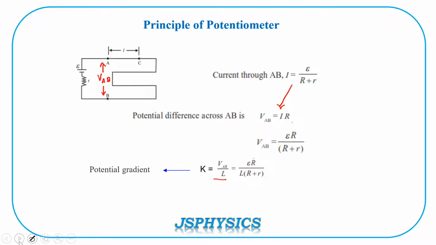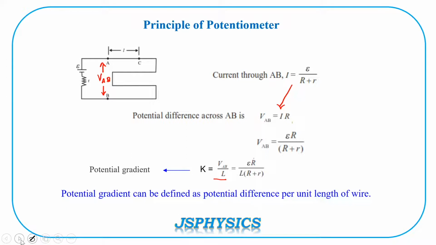Potential gradient is the potential divided by total length, that means the potential difference per unit length of the wire. It tells how fast the potential is decreasing along the length of the wire, given by K, that is VAB upon L.